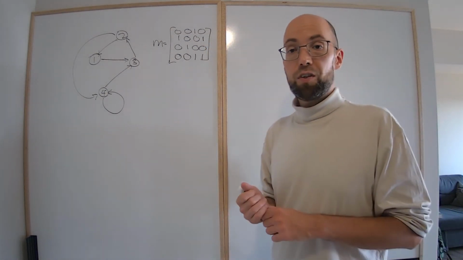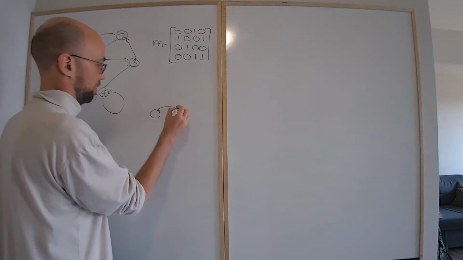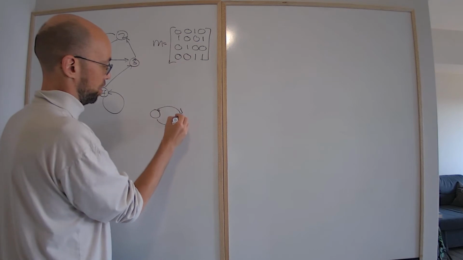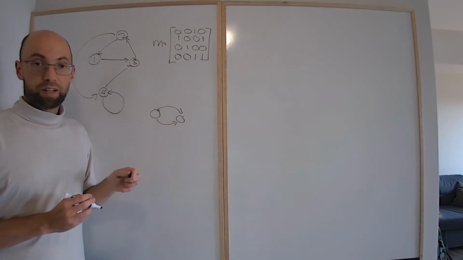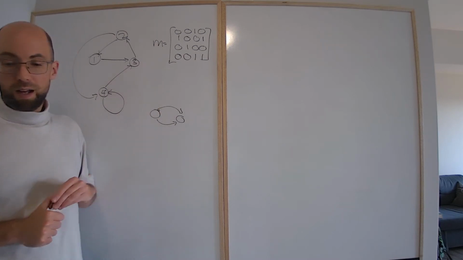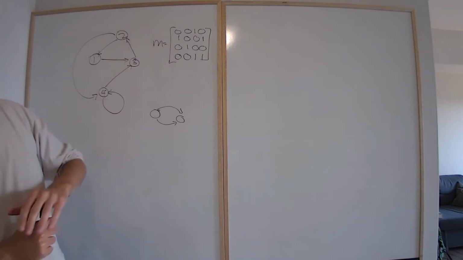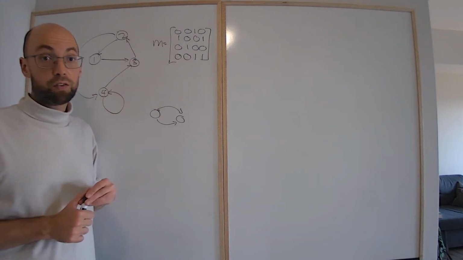It's possible that you can also have what's called multi-edges, which are 2 edges going from the same vertex to the same vertex. In which case you wouldn't write a 1 in the adjacency matrix, you'd write a 2.